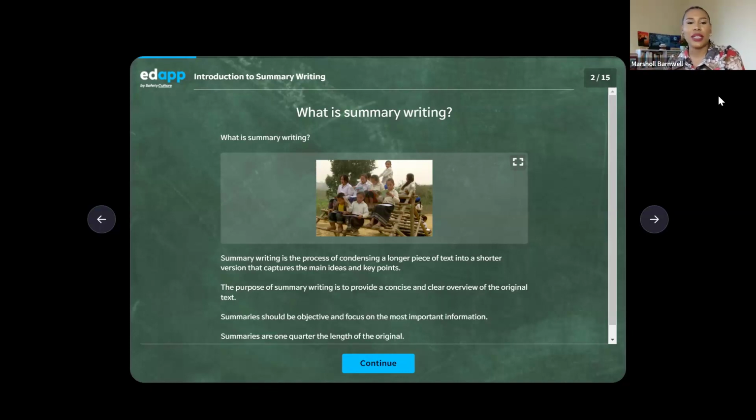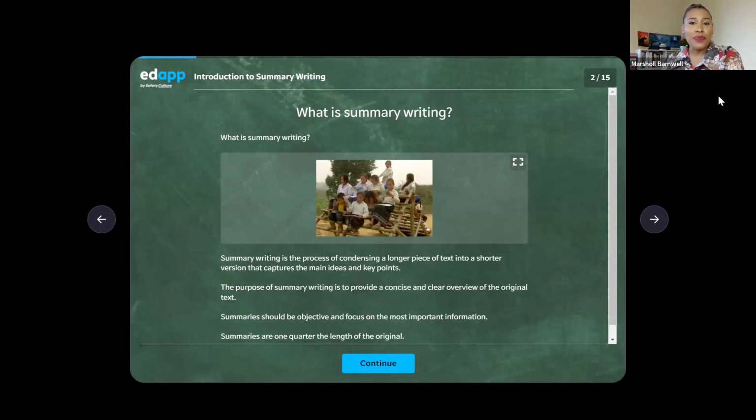It's very objective. And it's also 1/4 the length of an original because if we're to look at essay writing, as we have done, and you look at all of the other things that we include, for example, supporting details, examples, persuasive techniques, emotive language, all of these things add words, they add fluff.